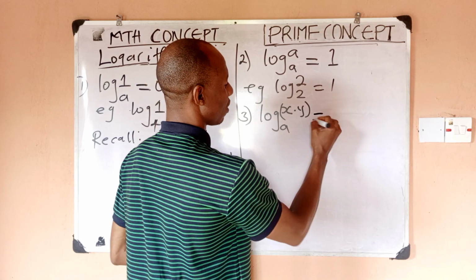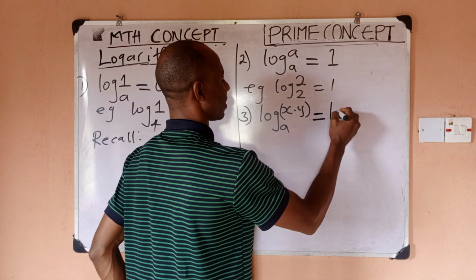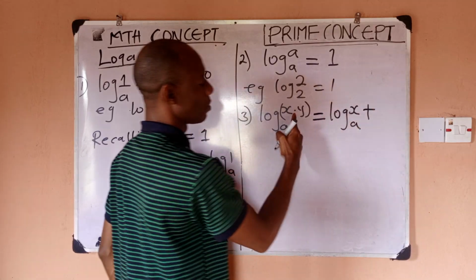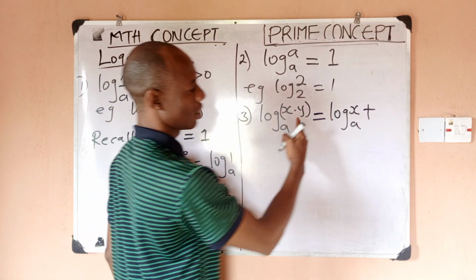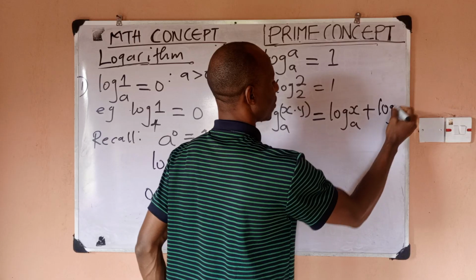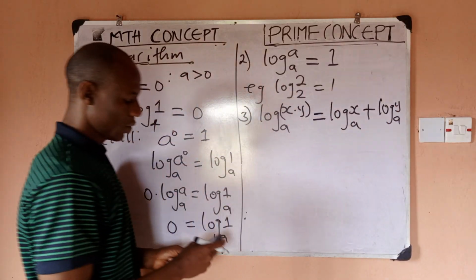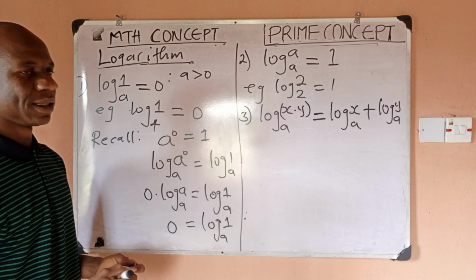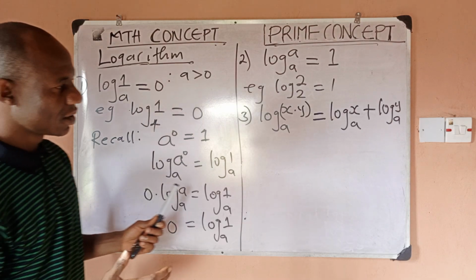So according to this law, this can be written as log x to base a plus, this multiplication will now become addition, and you separate them, log y to base a. So this can be written in this form, right? Yes.